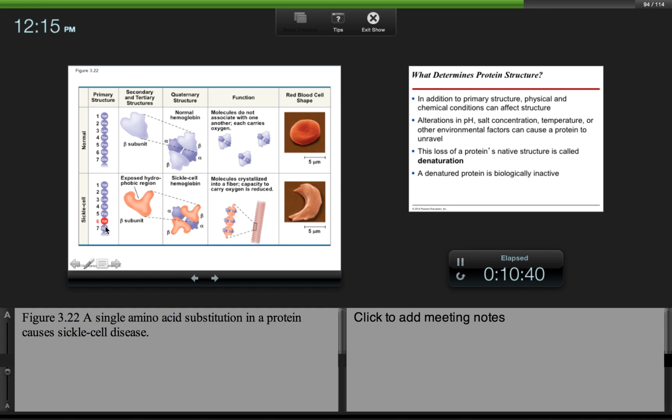Here is sickle cell. Notice that at the sixth position, you have an incorrect amino acid. You have valine here. That is the incorrect amino acid. This leads to a shape change, and it leads to the blood cells being sickle-shaped.